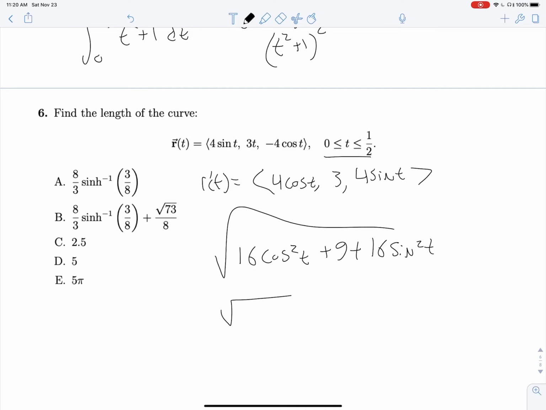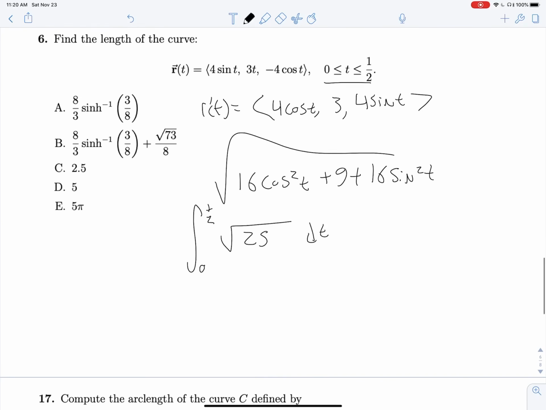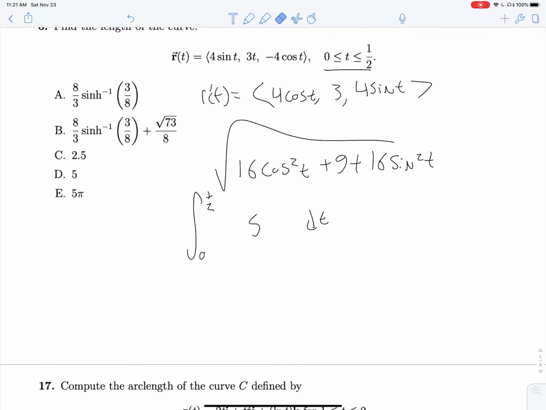And this will all simplify down to the square root of 25, which we can integrate on 0 to 1/2 dt. The square root of 25 is just 5, which we can integrate, and we will get 2.5.